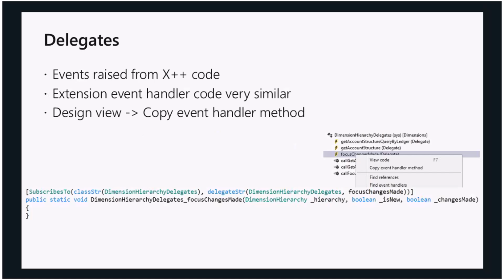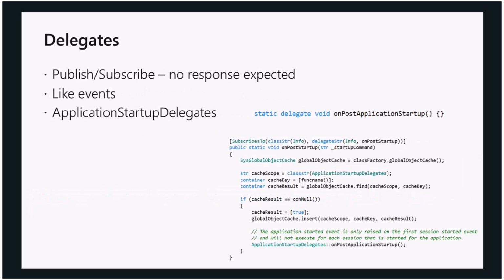The mechanism that ties this together is the attribute itself. Depending on the type of delegate, the parameters could be very specific to the scenario. Now, at a high level, there are two major classifications of delegates in the system. The first is a publish-subscribe pattern, but there is not an expectation or even a possibility of the subscribing code to affect changes in the base code.